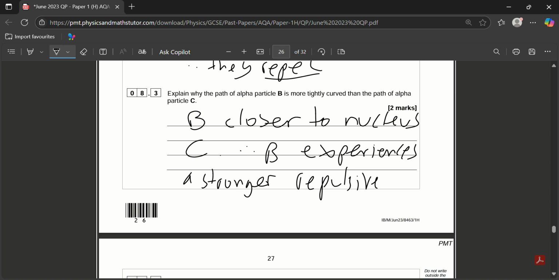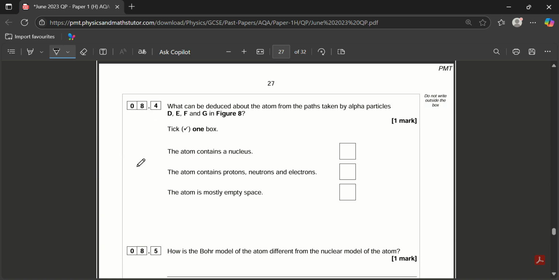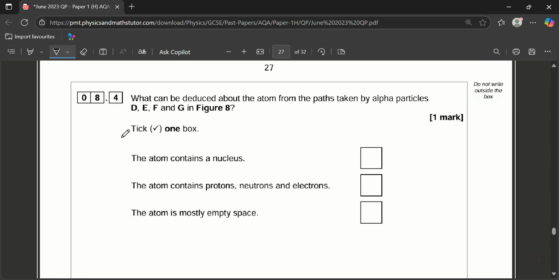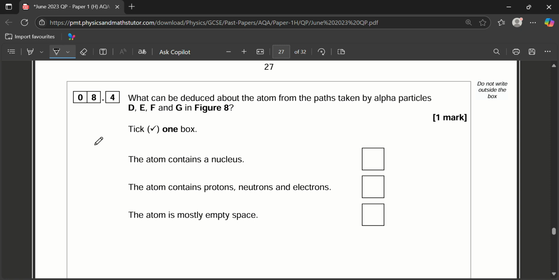But I'm just going to put down a stronger repulsive force, because it's just easier to remember for me, and probably for you in the exam. Depends on what you want to do.